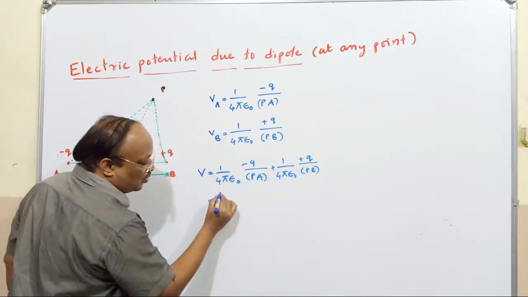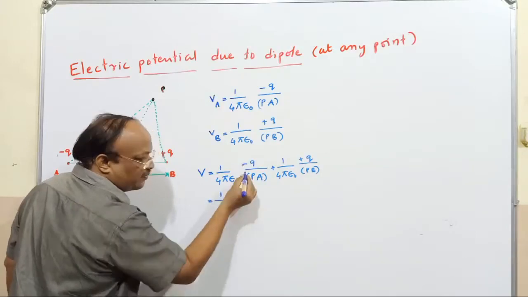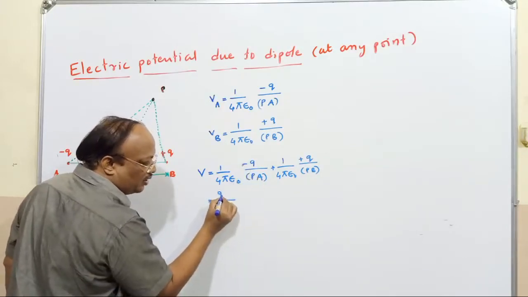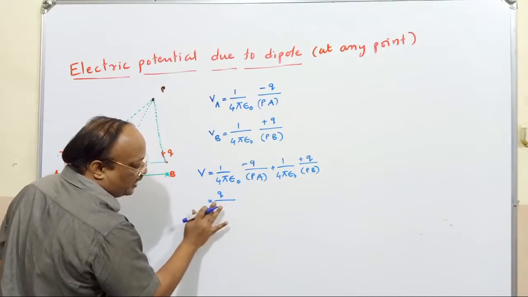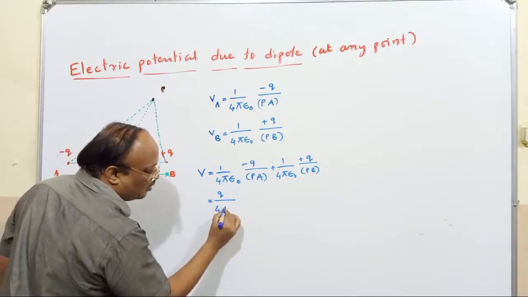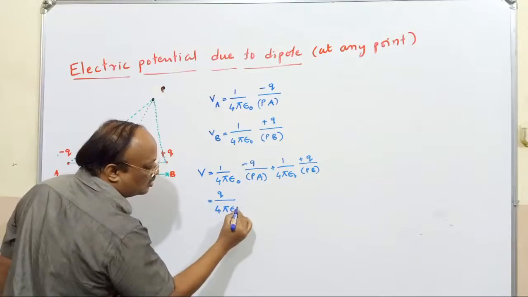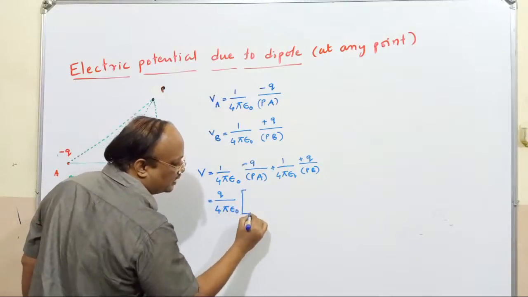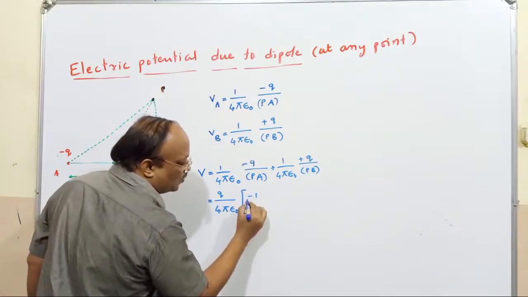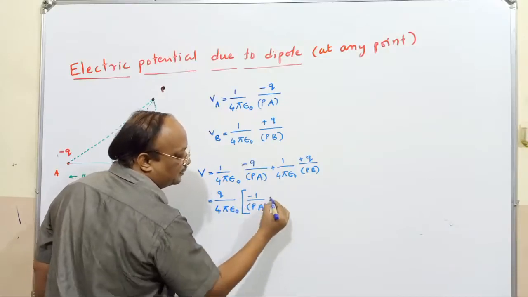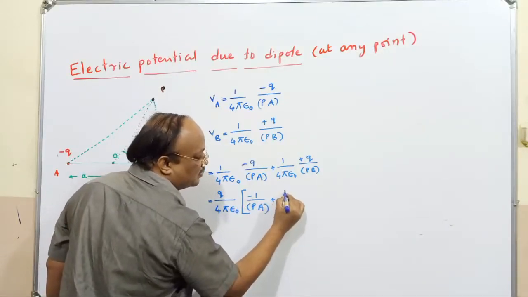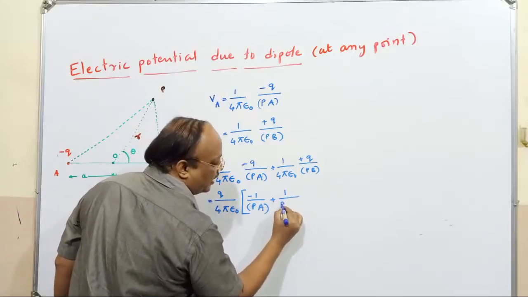So I can take q common: it is 1 by 4 pi epsilon naught, q, and what is left inside is minus 1 by PA plus 1 by PB.